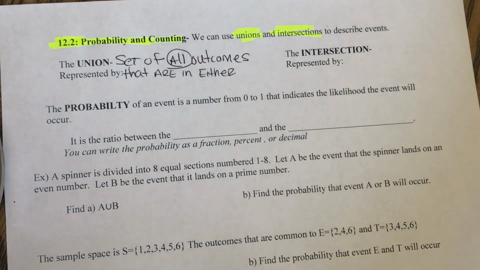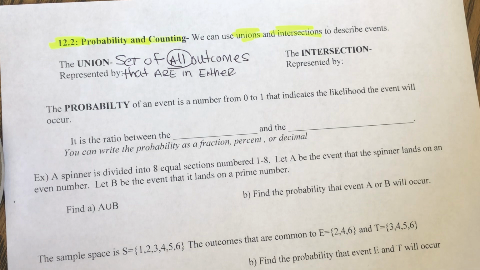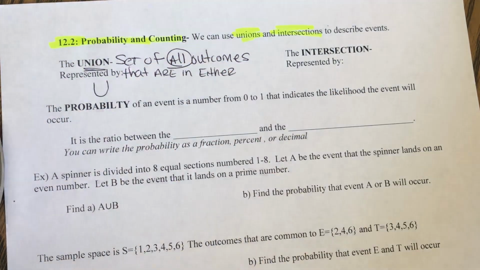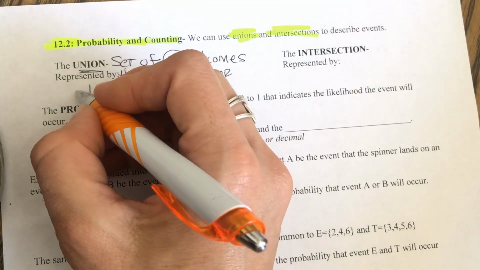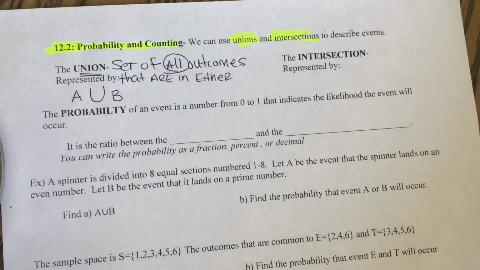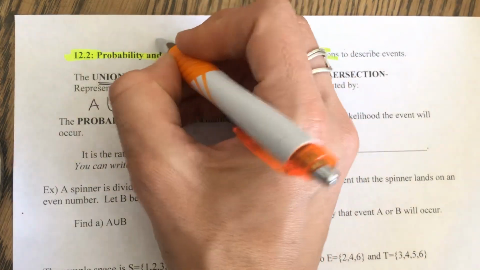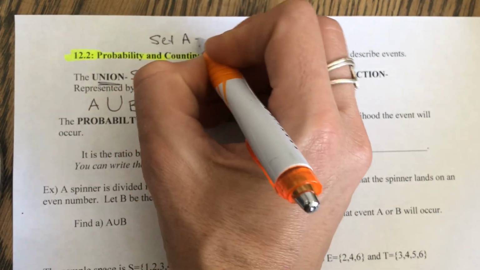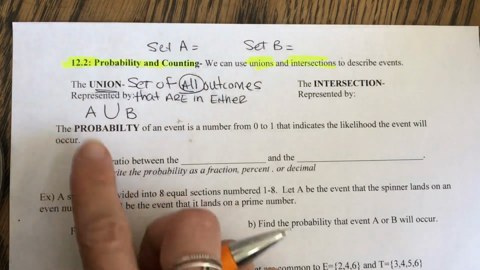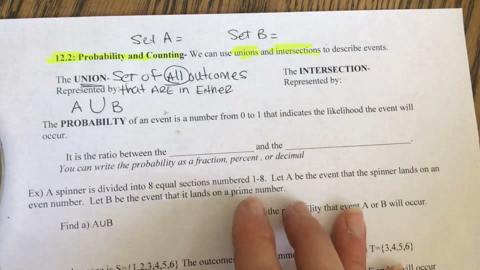That's the way I memorize it. It's all of them. And the way you guys will represent the union is with a U. For example, if I said A union B, I have to give you sets. You'll see me say set A equals something, and I'll give you values, and set B equals something, and this is a union. I have an example to show you.